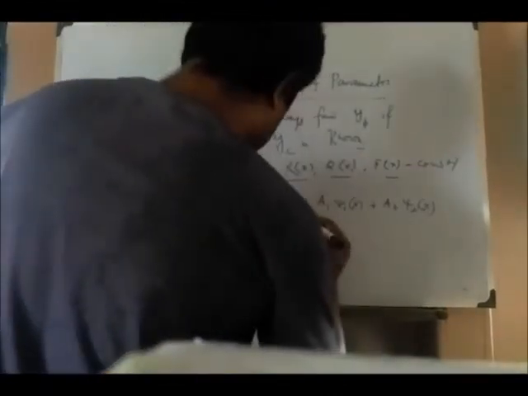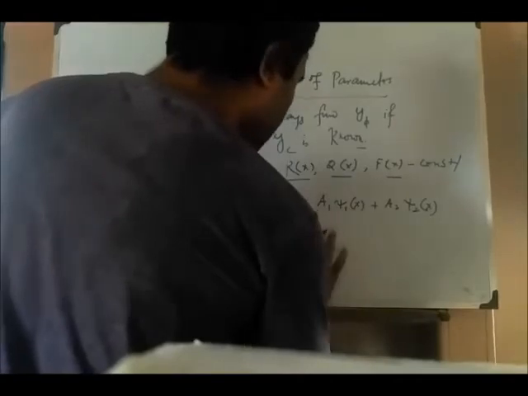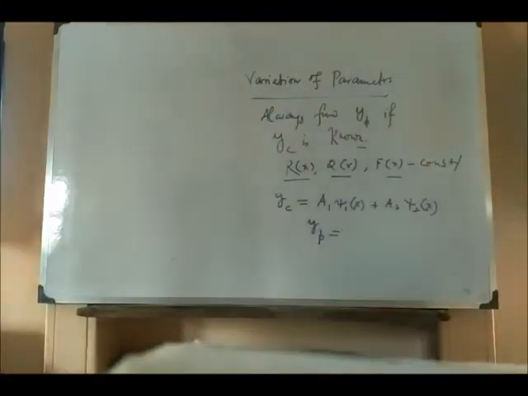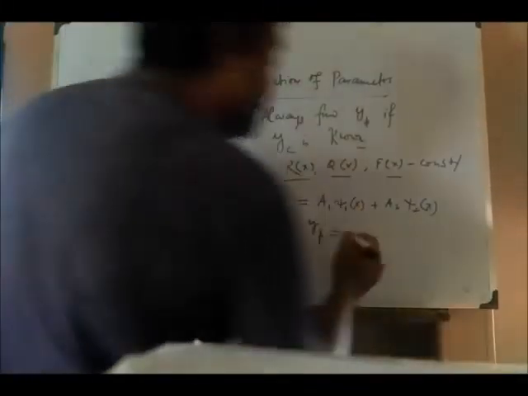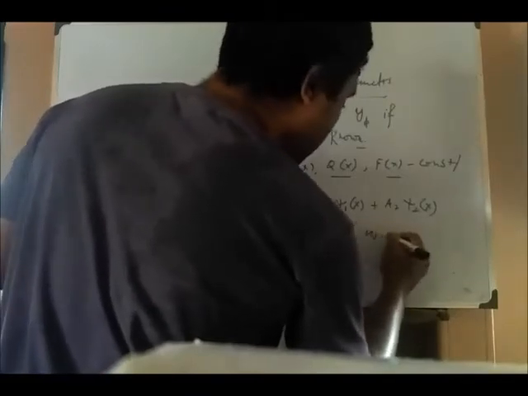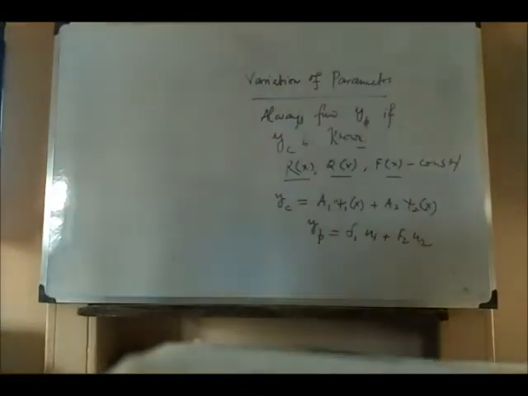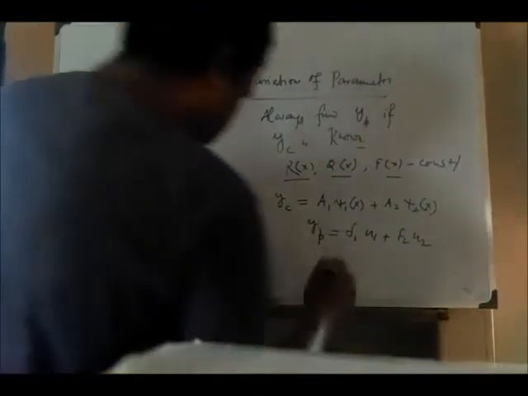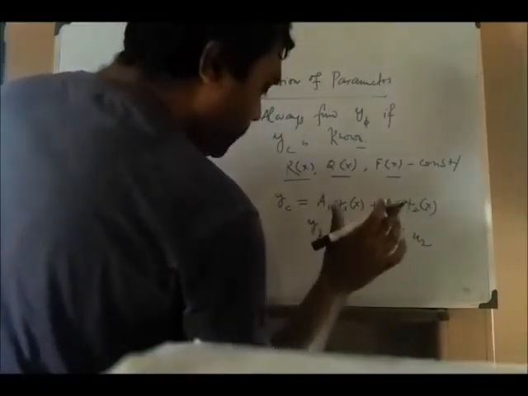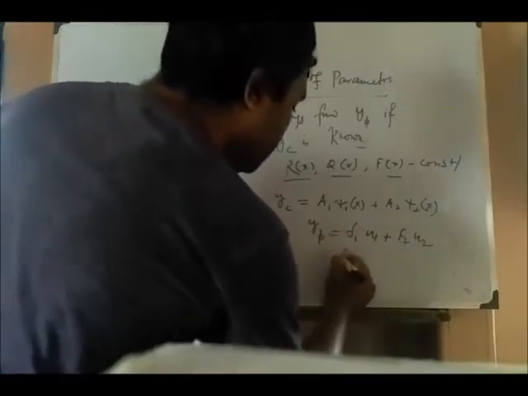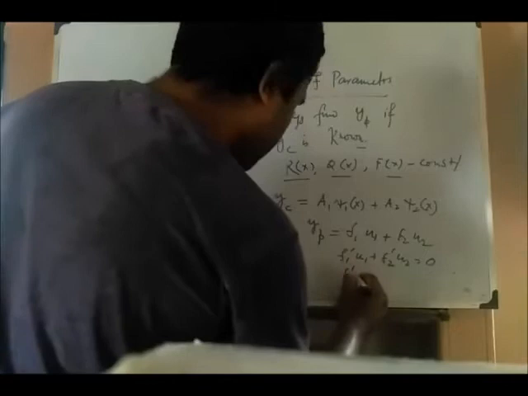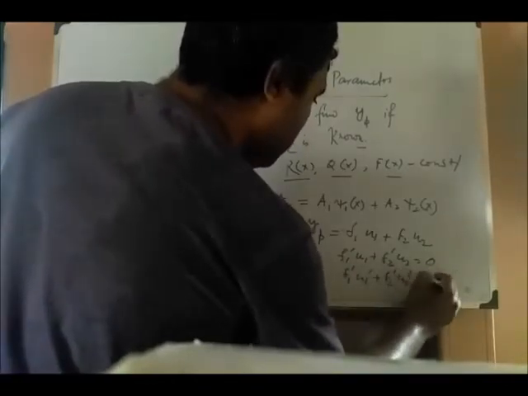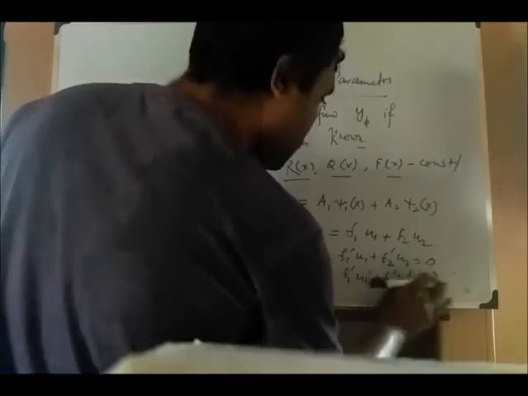If we reach this solution, then we can calculate the value of yp in some special form, that is f1 u1 plus f2 u2, provided the two linear equations are satisfied, that is f1 prime u1 plus f2 prime u2 equal to 0, and f1 prime u1 prime plus f2 prime u2 prime equal to fx.